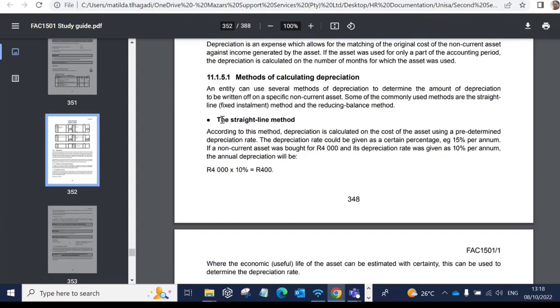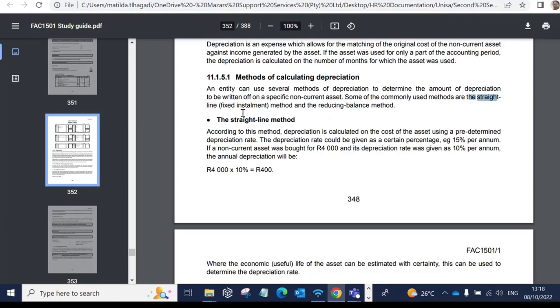An entity can use several methods of depreciation to determine the amount to be written off on a specific non-current asset. Some of the commonly used methods are the straight line method and the reducing balance method.